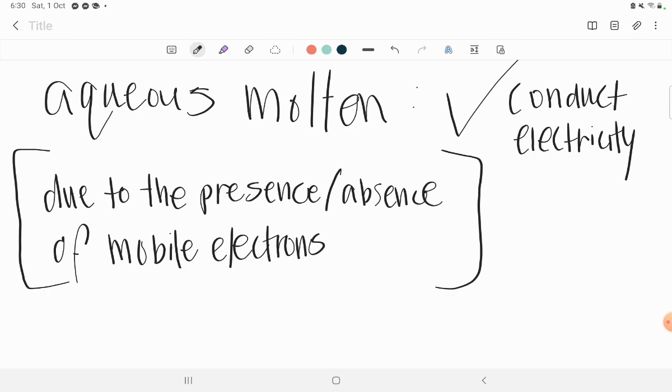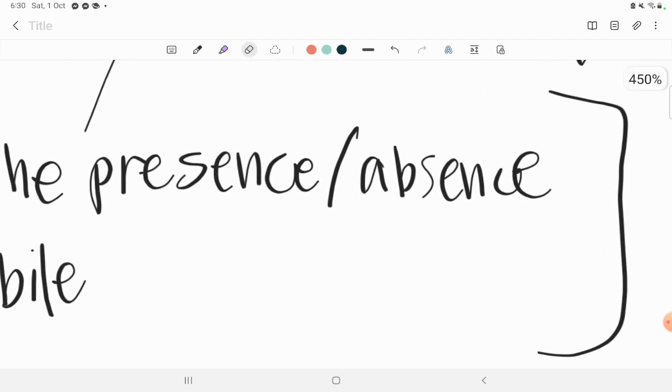If it's an aqueous or molten form, then you can say in an aqueous or molten form, there is a presence of mobile electrons. Thus, these free moving electrons, oh no, you cannot say electrons. Actually you can't even say mobile.